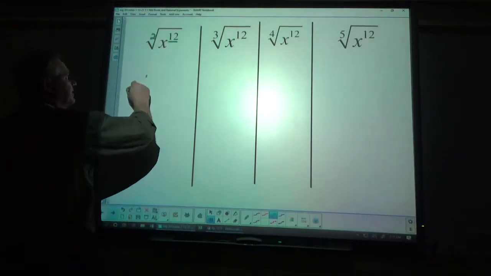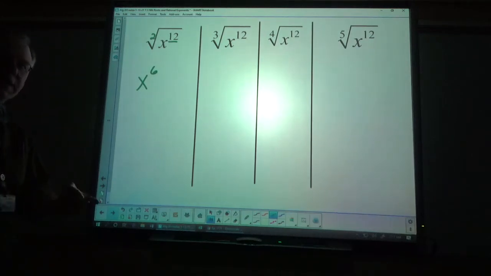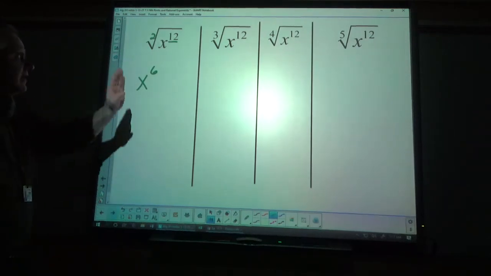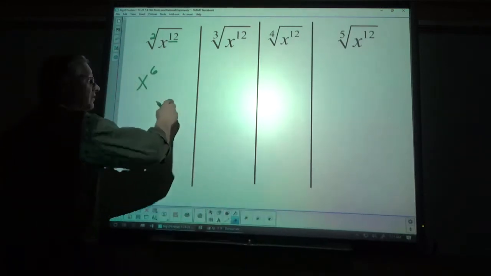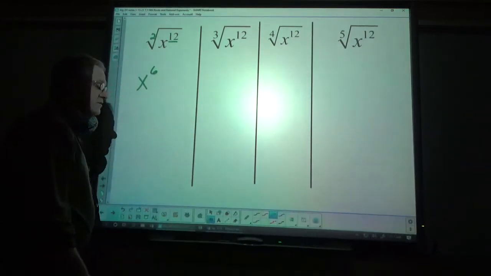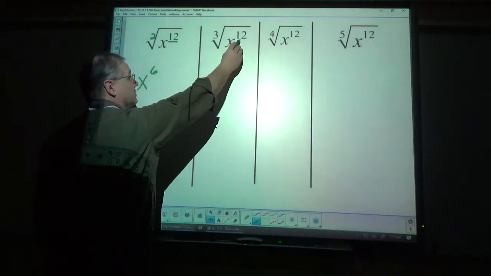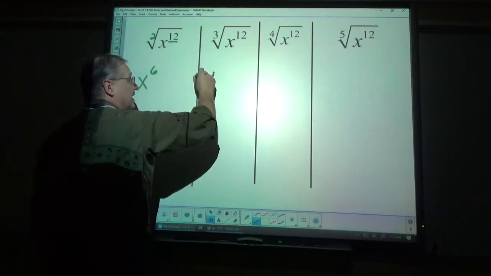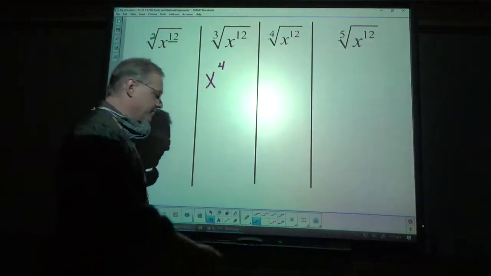We divide it, and that gives us the exponent outside. And if there's any remainder when we do that division, that's the exponent inside. But there is no remainder when I divide 12 by 2. So the same process is done here. 3 goes into 12 4 times, so that's your exponent outside, and it goes in evenly.